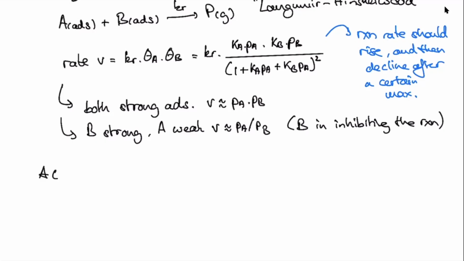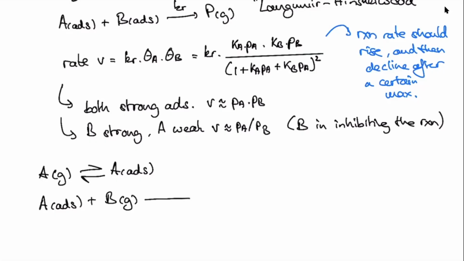So if we have A from the gas phase in equilibrium with A adsorbed, and then we just say, okay, A adsorbed can directly react with B from the gas phase to give a product in the gas phase. So we kind of skip the fact that B maybe doesn't need to adsorb.